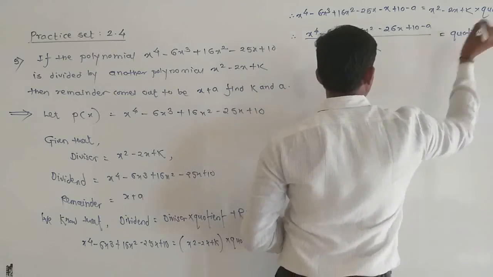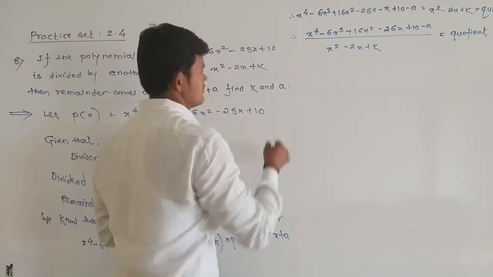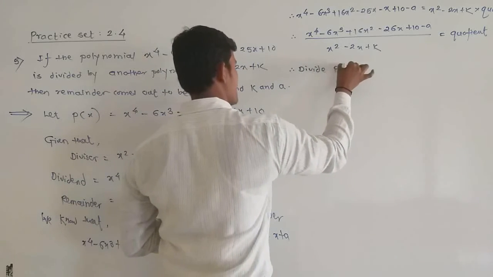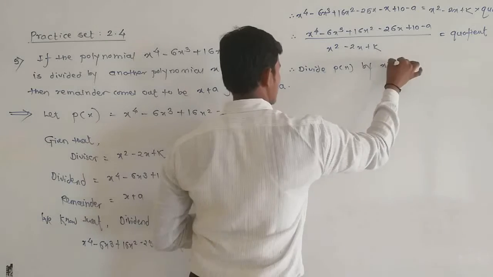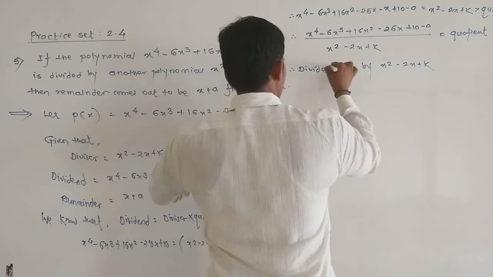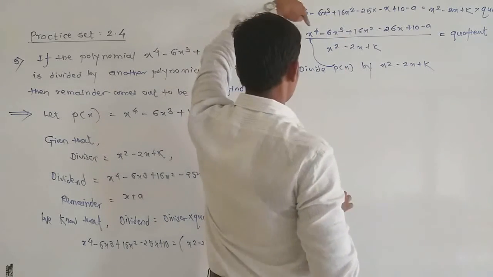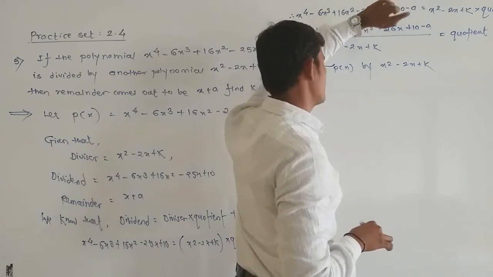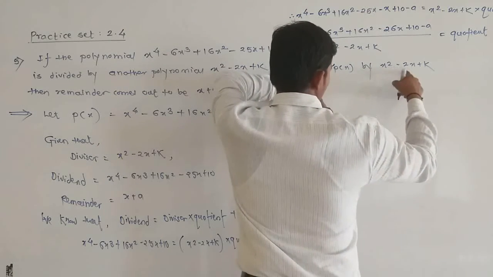That means divide P of x by x square minus 2x plus k. P of x is nothing but x raised to 4 minus 6x cube plus 16x square minus 26x plus 10 minus a, by x square minus 2x plus k.